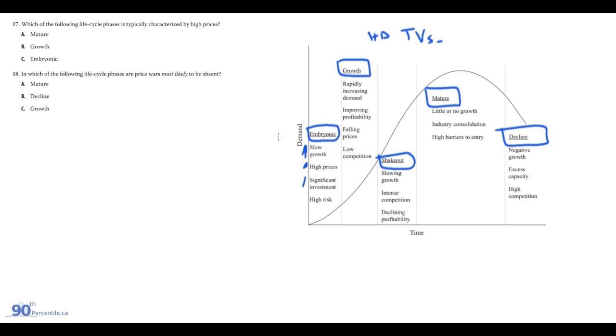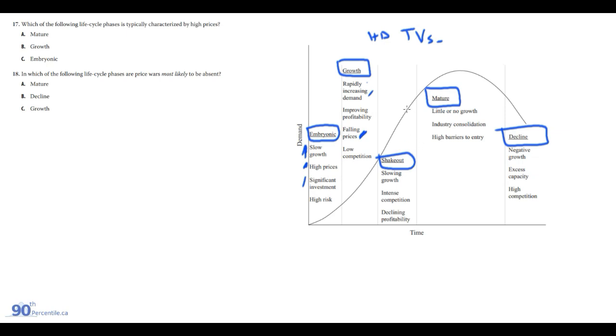But then from there you go into the growth phase where profitability starts picking up, production improves, prices start to fall, and demand's increasing. And then the shakeout phase really is meant to weed out any of the poor companies or the companies that aren't competing well. And then some leaders emerge.